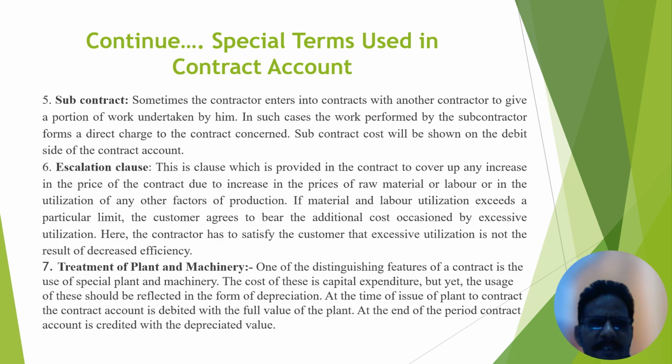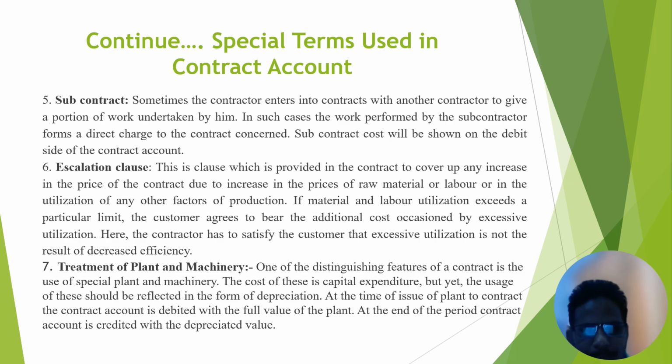Then in this case, the price of material and price of labor may increase in future. If the price of labor and material is increased, then according to this the contract price is also increased. This type of clause, if we mention it in the contract agreement, is the escalation clause.